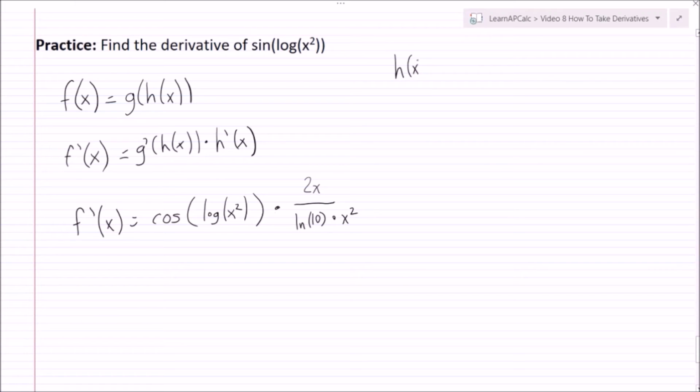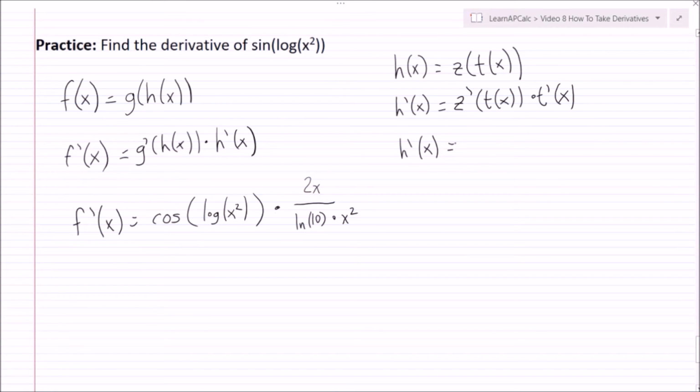But if you didn't know that, you would have to use the chain rule again, where you basically say h of x equals z of t of x, and that h prime of x equals z prime of t of x times t prime of x. And then I would say, okay, h prime of x equals the derivative of logarithm, which is just 1 over ln of 10 times whatever I had inside, which is x squared, times the derivative of t of x, which here is 2x.